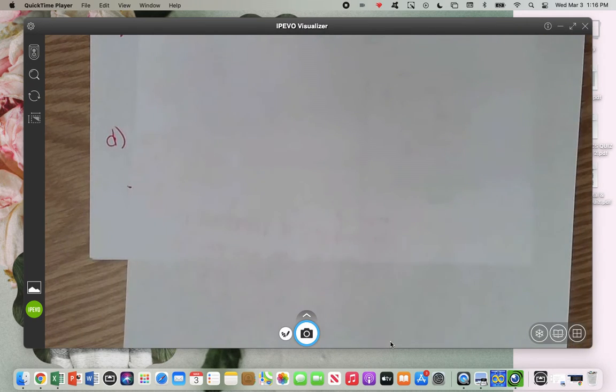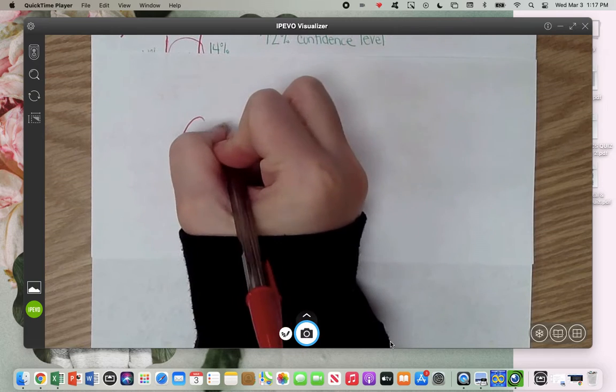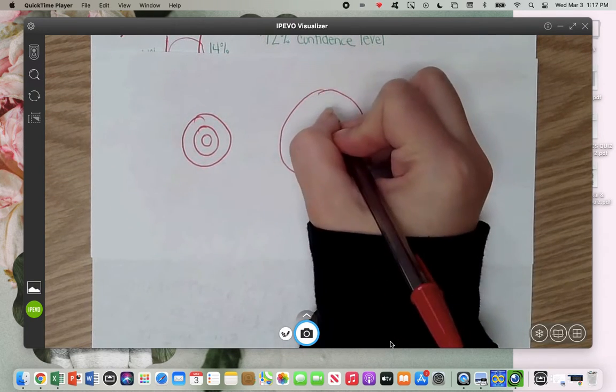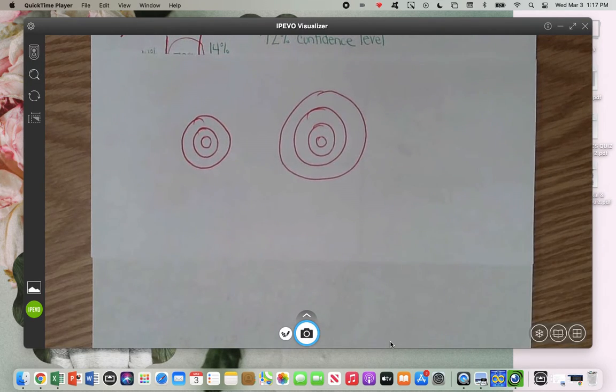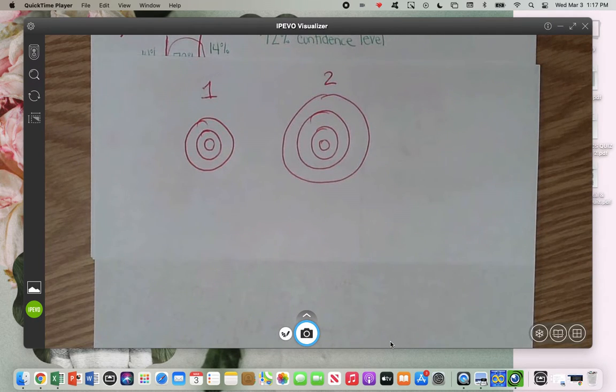And I just want to ask you this. If we had bullseyes, so we're playing darts, I have 2 targets. I have target 1 and I have target 2. Which one would you have more confidence of hitting and why?